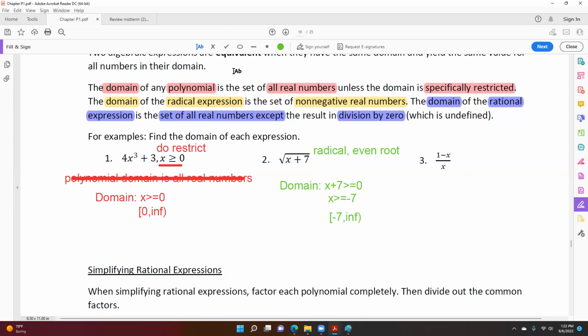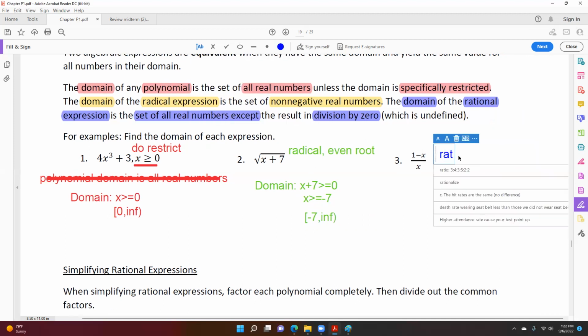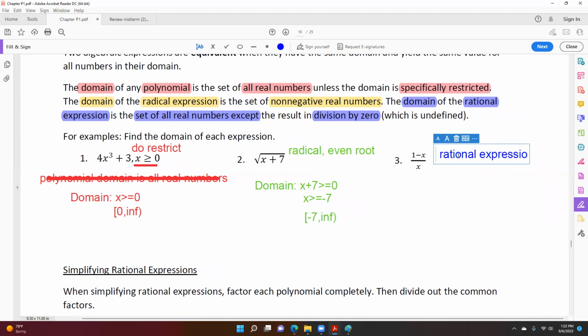For question 3, we call this a rational expression. The reason why this is a rational expression is because it is a fraction. So how do you figure out your domain in this case?